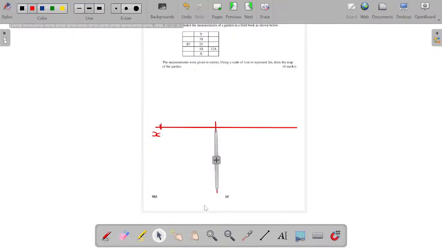Let's see. We remove this. Then we need to draw a line.